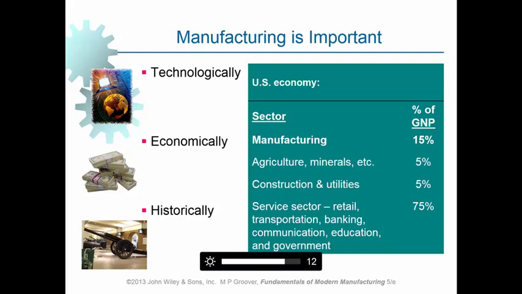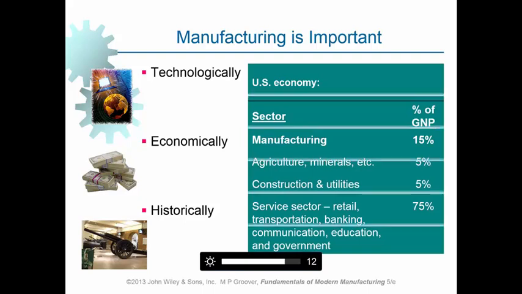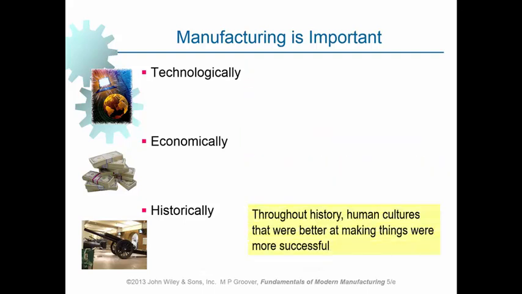And eventually, we can say that manufacturing is important historically. What is meant by this? Well, if we read history, we can realize that those nations that had better manufacturing technology and those who were better at making things were more successful.